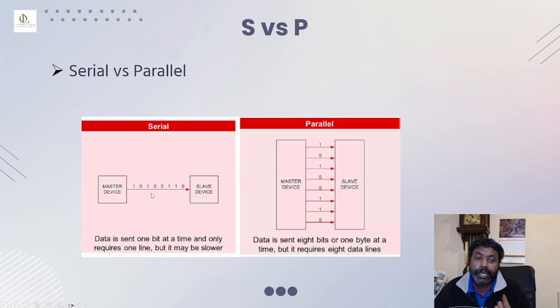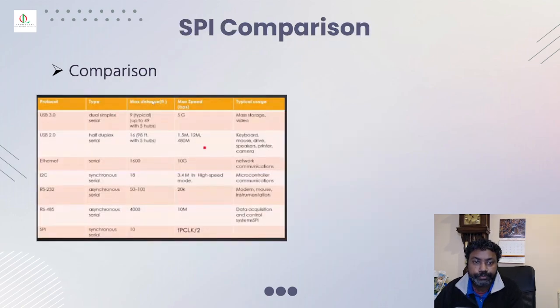But since it's sent 1 bit at a time, occasionally you may feel that this could be slower. So that is the basic difference between serial and parallel. Now a small comparison of SPI and I2C with USB 3 and 2.